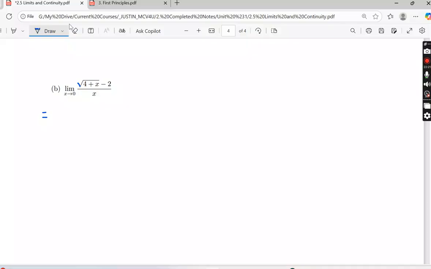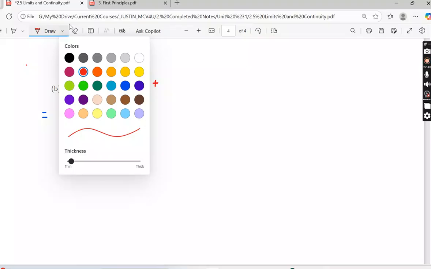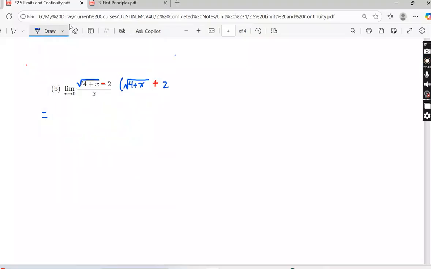Which essentially means if you end up with a square root anywhere, and by subbing in 0 you don't quite get the limit that you need, what you can do is get rid of that square root by multiplying by the conjugate. And the conjugate is simply just copy the exact same thing that you see. All you do is change this sign. So this goes from negative to positive, divided by. Now what you do to the top, you've got to do the same thing to the bottom.